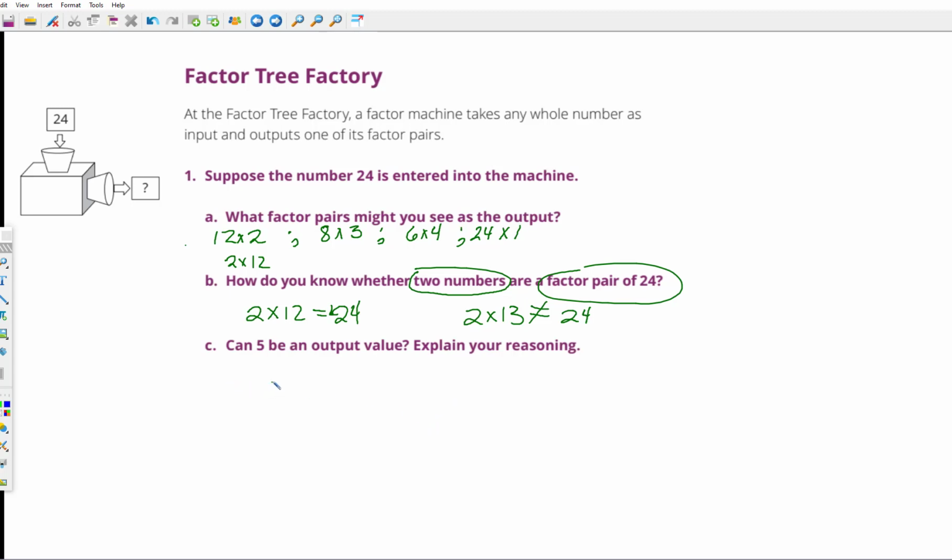Can 5 times something equal 24? No. How do you know that? So if I take and divide 24 by 5, I end up with a remainder. It won't divide evenly.